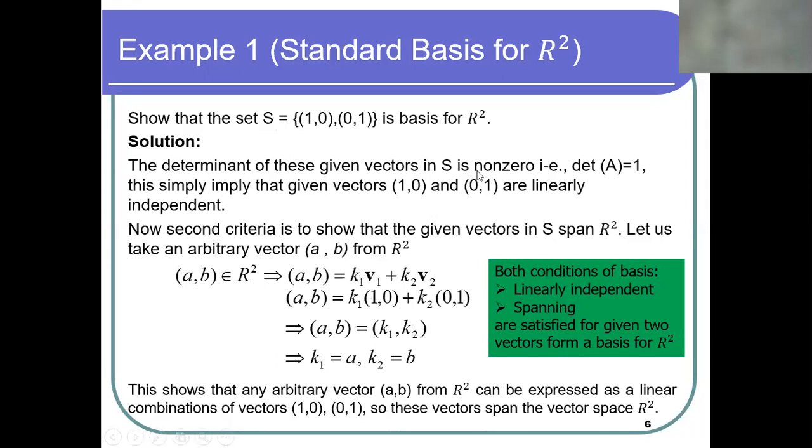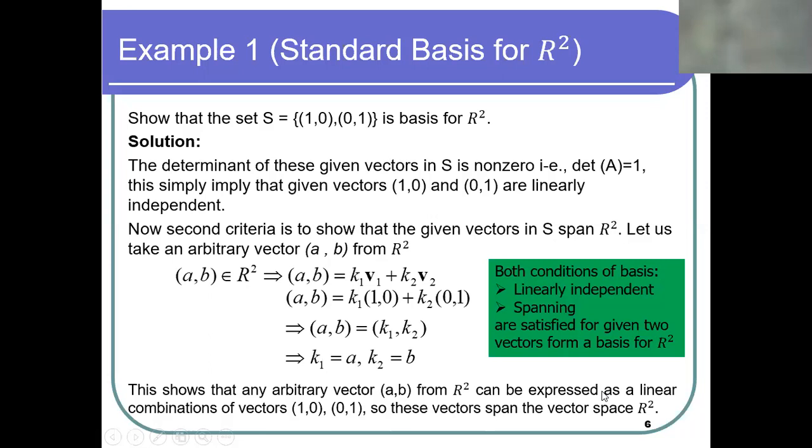The determinant of these vectors in S is non-zero, so this implies the given vectors are linearly independent. Now the second criterion is to take any arbitrary element from this vector space and write it as a linear combination of the elements given in S. So I can write it and calculate A k1 k2 in the form of B. This shows that any arbitrary vector from R² can be written as a linear combination of the basis vectors, so the vectors span R².